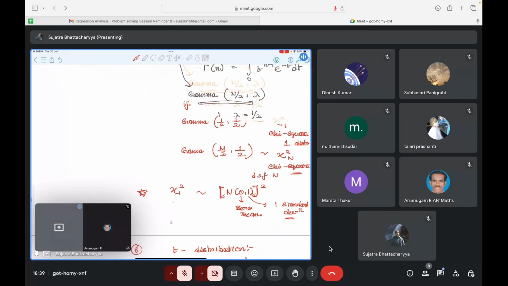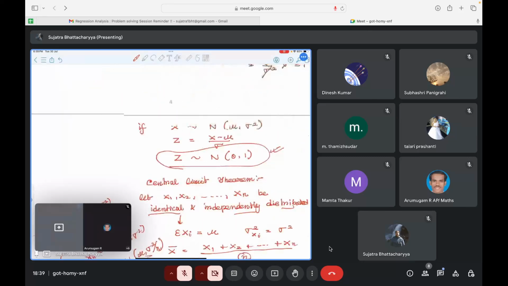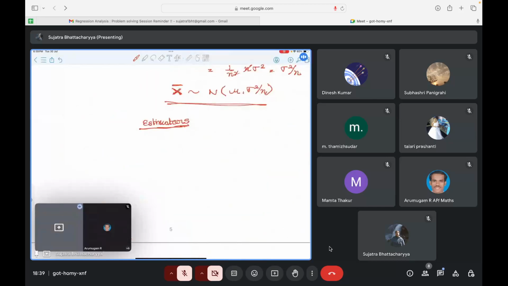But whatever experiment you do, those have samples. Whatever values we have, through that we cannot reach the population parameter directly, but through the samples we can create an estimator so that we can reach towards the population parameter.